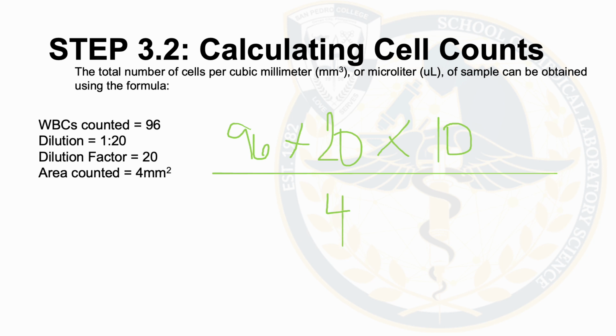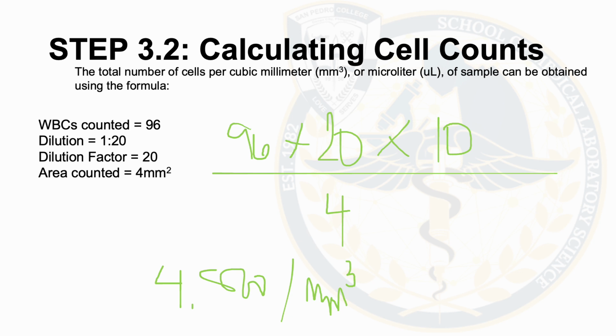You no longer have a depth factor in the denominator because it is already in the numerator. Okay, let's try. That's 96 times 20 times 10 divided by 4. In this case, your total WBC count would be 4,800 per cubic millimeter.